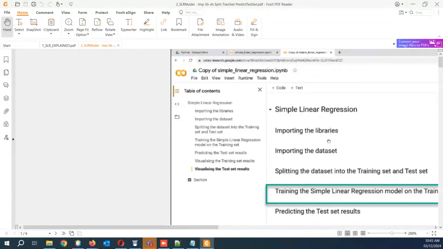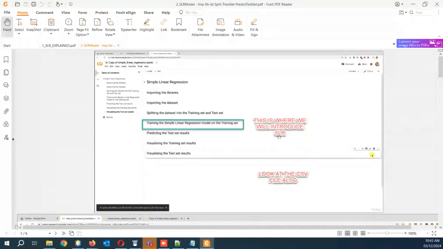So this is where we will introduce some new concepts to make our model, and then our model will predict something. Some parts we will learn, some parts we already know.